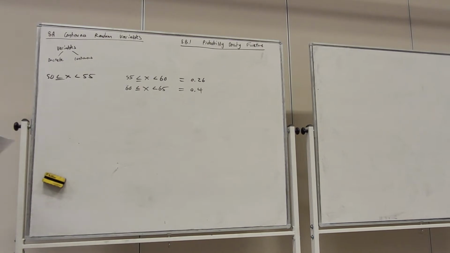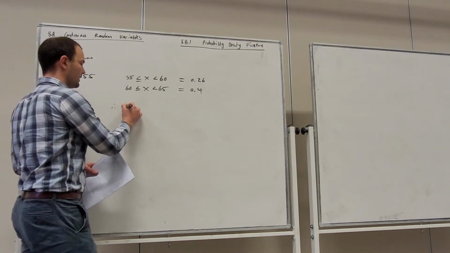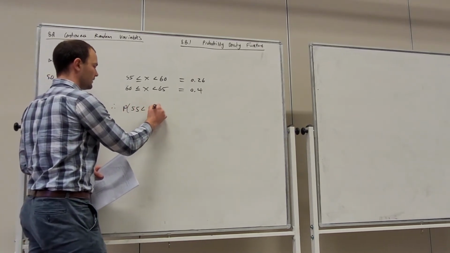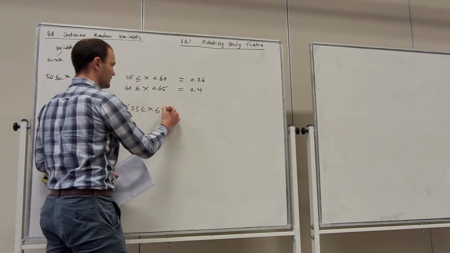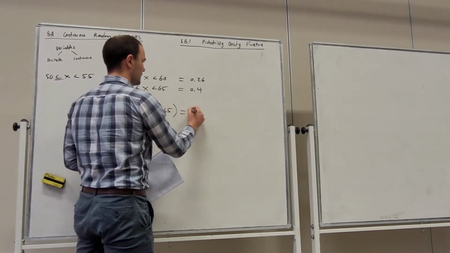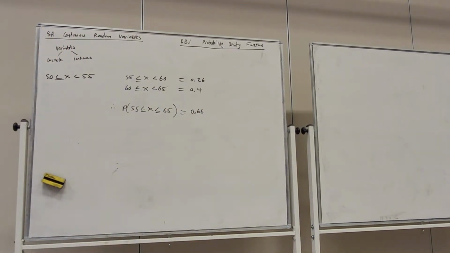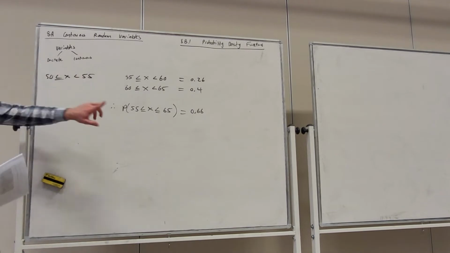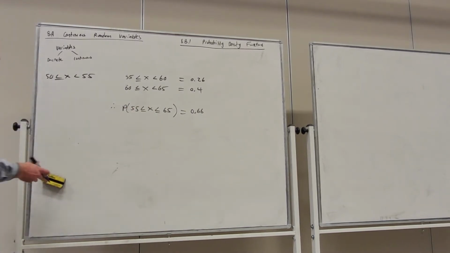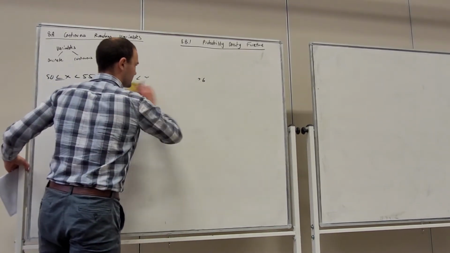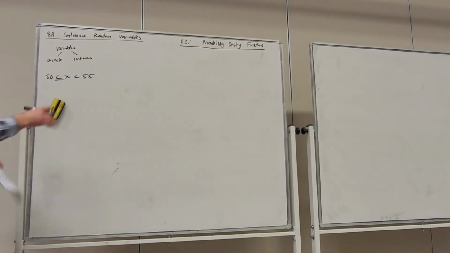And so therefore the probability of it being between 55 and 65 is 0.66. All right, so that's exercise 8A. There's a few frequency tables and that kind of thing in these kind of calculations. And we'll just rub that out so we can get to the probability density functions.